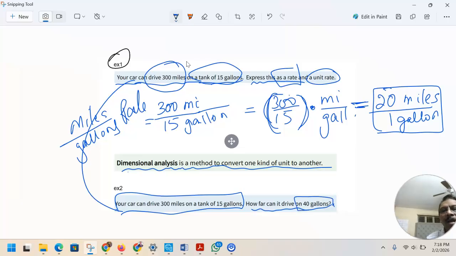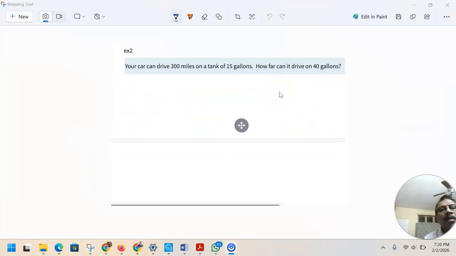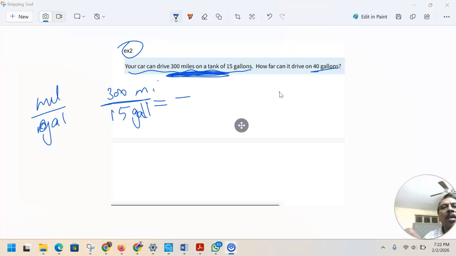You can do this in two ways. This is example number two. How far it can drive in 40 gallons means we have to take the ratio. You can always do a proportion. Let me write this again.